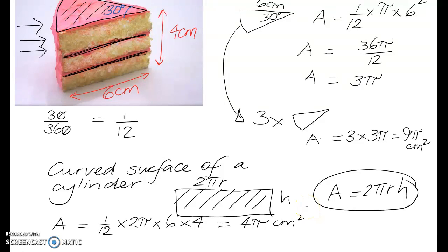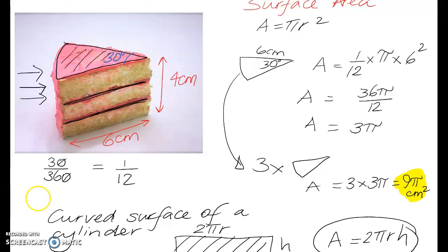So all up, what have we got? So our total comes from this answer here and this answer here. So our total is 4 pi plus 9 pi, which is 13 pi, and let's put our units on, square centimetres. All right, the main thing to realise when you're doing these surface areas is to have a look at each face and do it a bit at a time.